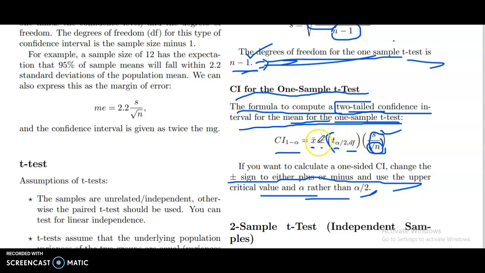After that we add or subtract from x bar.